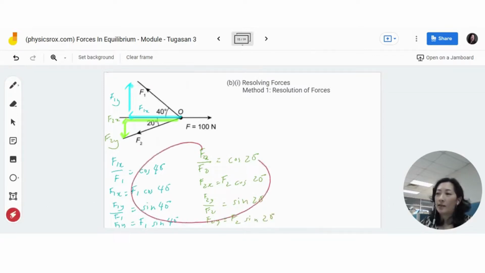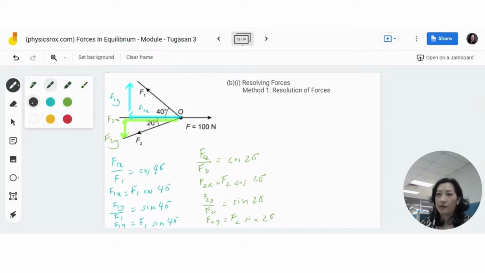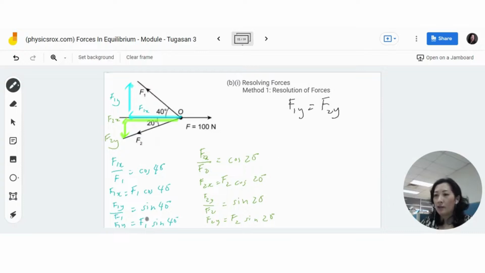So this is similar to situation 1 where we have a whole bunch of unknown values, right? Okay, never mind. Let's solve it this way. You can see here, the verticals are going to cancel each other out. So F1y equals F2y. F1y is F1 sine 40 and F2y is F2 sine 20.